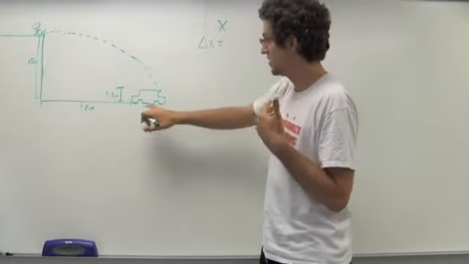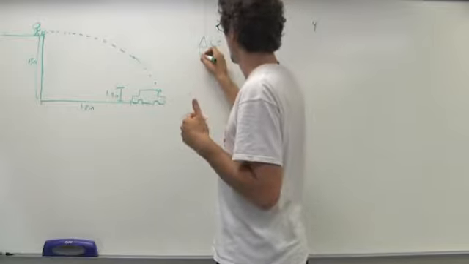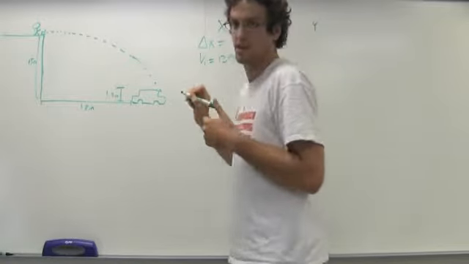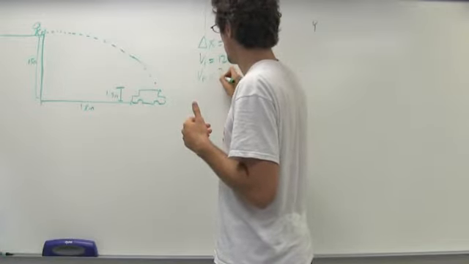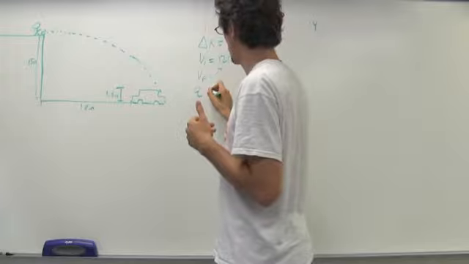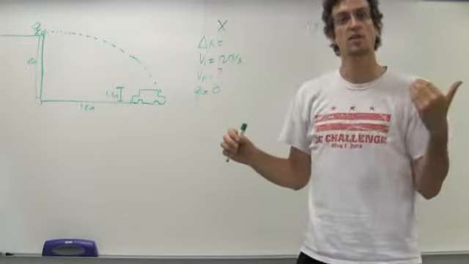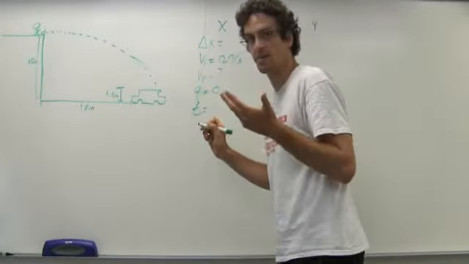We just know the X distance of CA's car, which is not the same thing. We've got V initial, which is going to be 12 meters per second. V final, which we don't know. We've got acceleration, which is going to be 0, again, in the X direction. And we've got time, which again, we don't know yet.